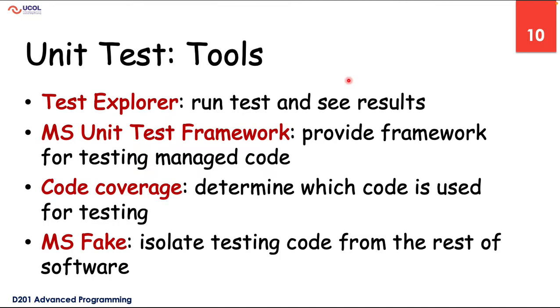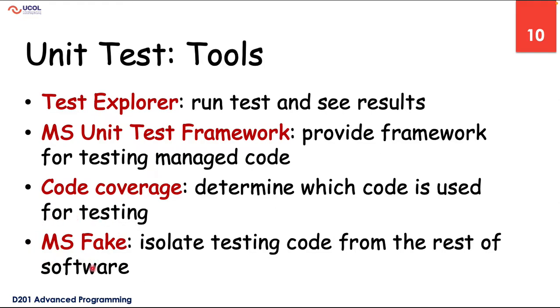The Test Explorer helps us to run tests and see the results. The Microsoft unit test framework provides a framework for testing managed code. Code coverage determines which code is used for testing, and Microsoft Fakes isolates testing code from the rest of the software. For example, we have multiple components in the software.